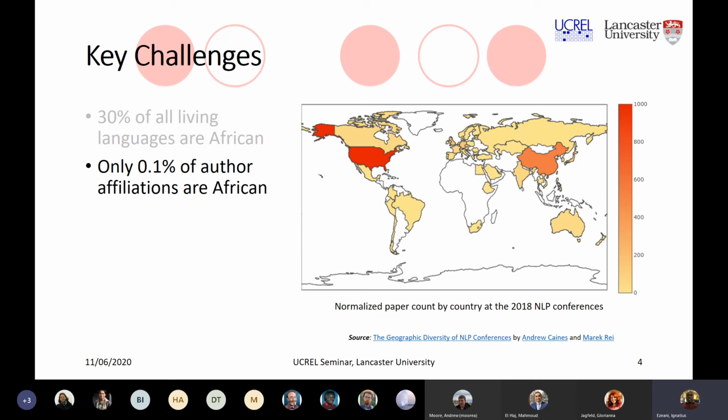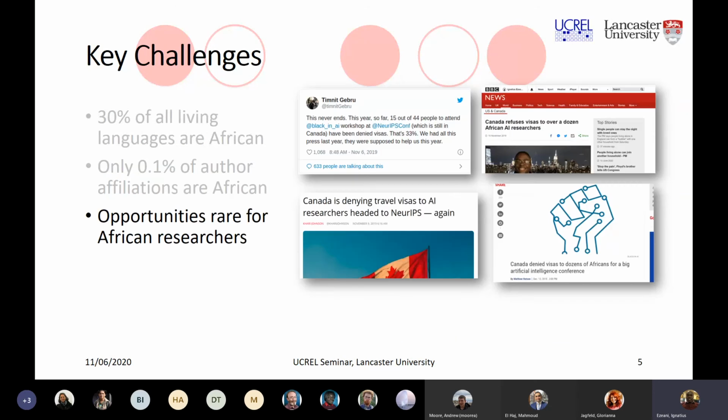So the challenge is that generally the NLP community does not have the opportunity of also exploiting what is available for these low resource languages. So sometimes, even when they do the research, they will not be able to attend conferences, and that keeps on marginalizing them the more.